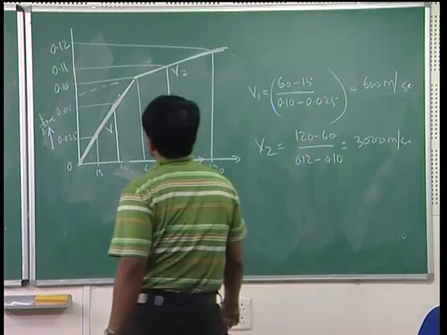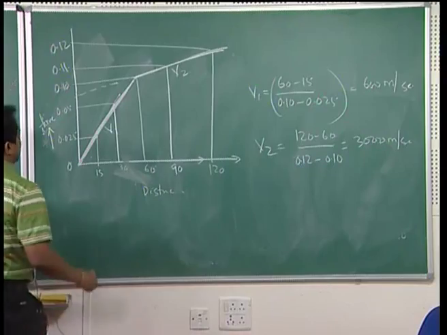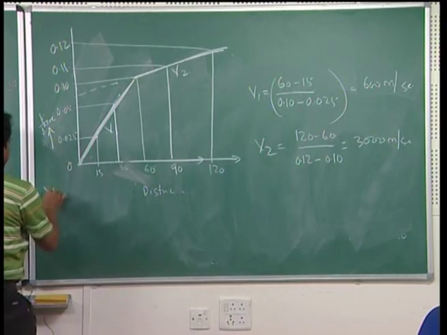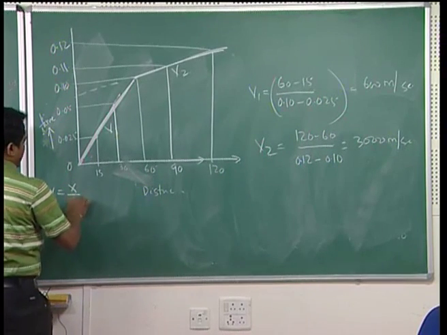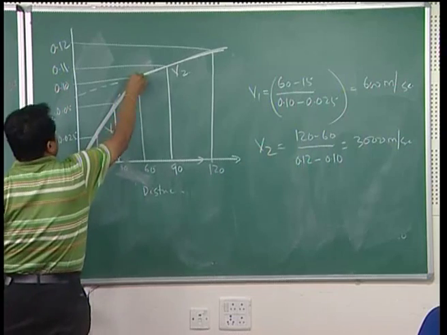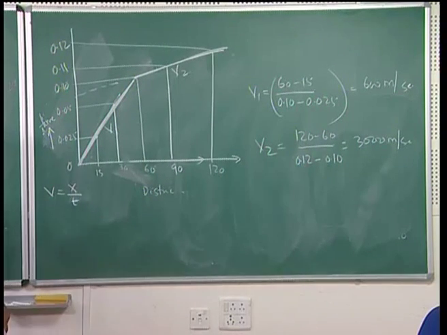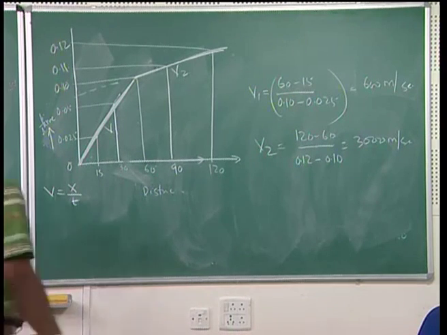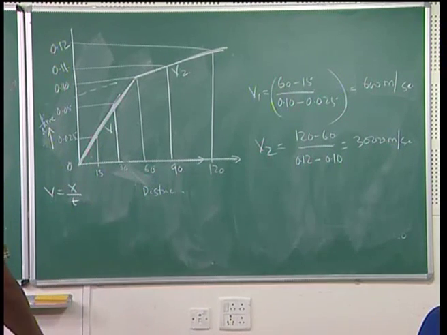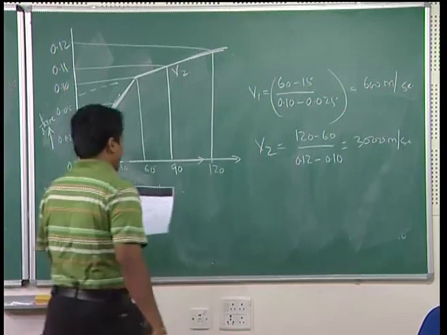Now, this is the velocity profile you will get. Velocity is nothing but distance by time. From this graph, distance by time, you can easily calculate your velocity. Once you get the velocity, then you can calculate the thickness H1 as well as H2.